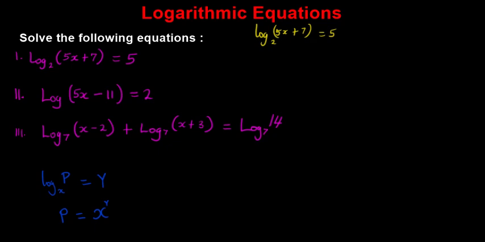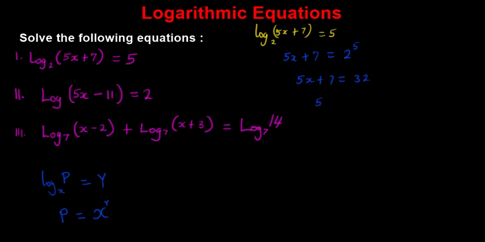So to do this, we then move on to say 5x plus 7 is equals to 2 raised to the power of 5. And that becomes 5x plus 7 is equals to 32.